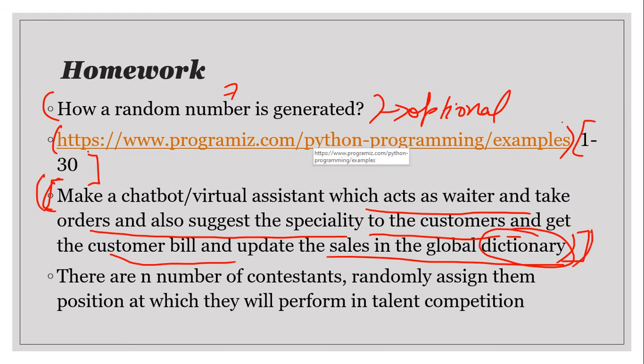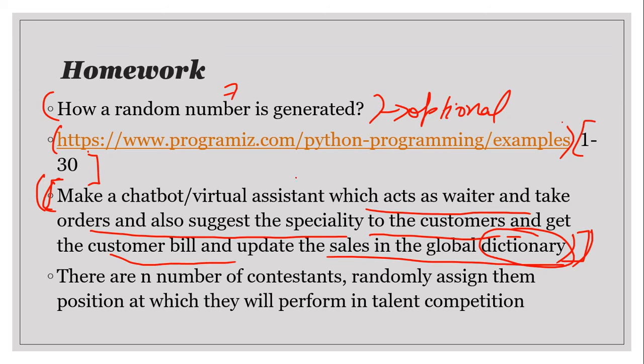So it will be a chatbot, and it can take customers' input. After telling them the menu, it will take the orders, and whatever the prices of the orders the customer has given, you have to update that in the global register.